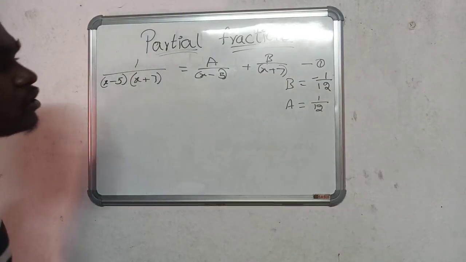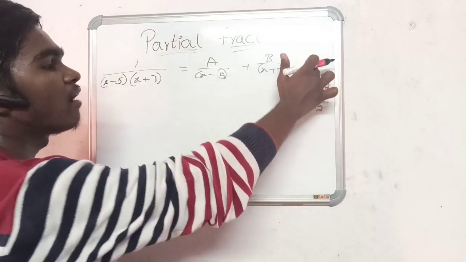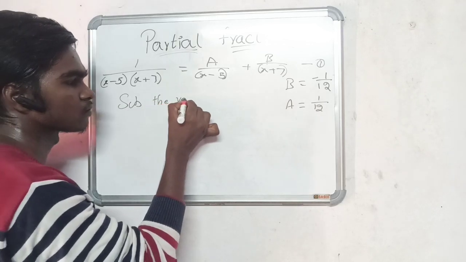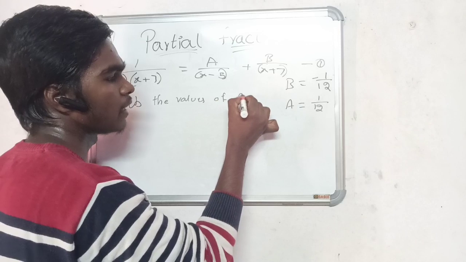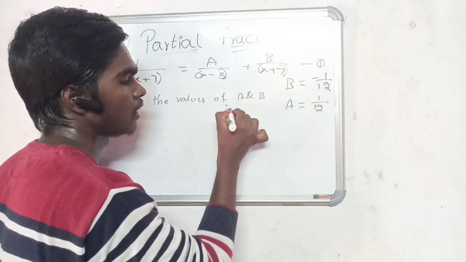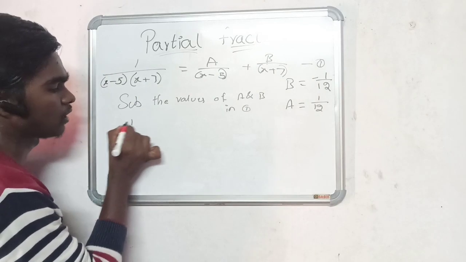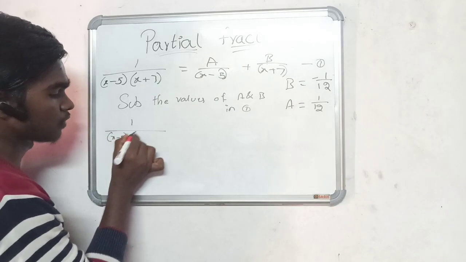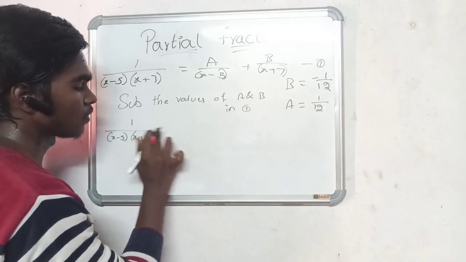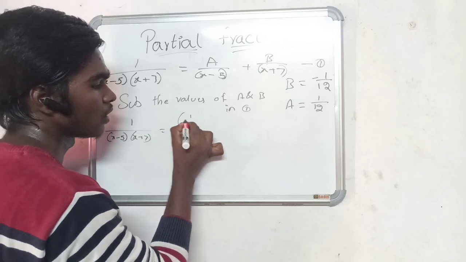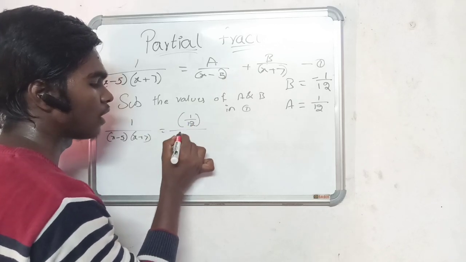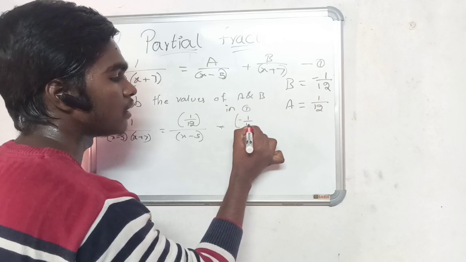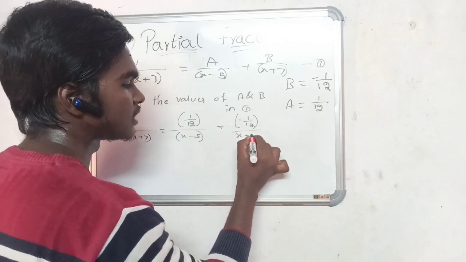Now we want to substitute the values of a and b in expression number 1. Substitute the values of a and b in 1, then we will get 1 by x minus 5 into x plus 7 is equal to 1 by 12 by x minus 5 plus minus 1 by 12 by x plus 7.